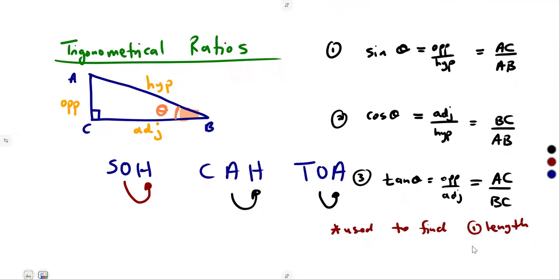Also, it can be used to calculate or find angles, to determine the value of a certain angle. With our manipulation, change of subject, we can work out whatever you are asked.